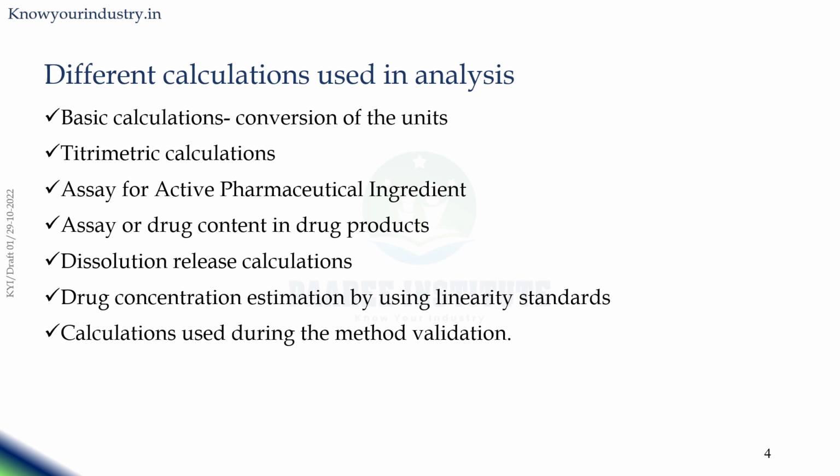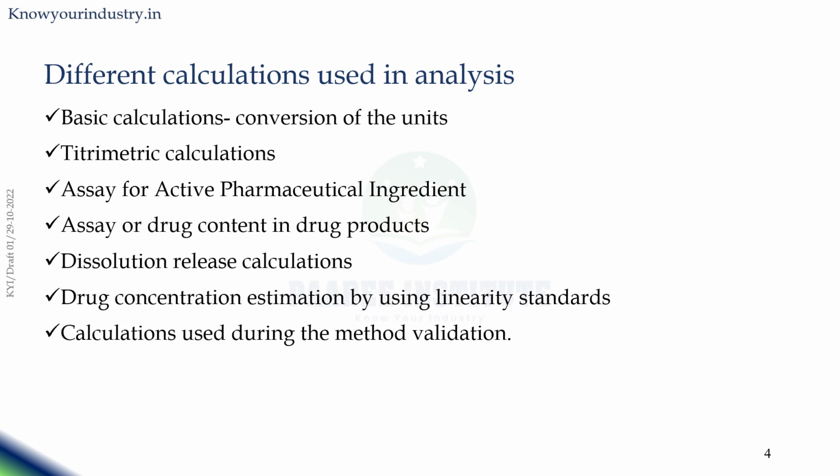What are the different kinds of calculations? In summary, in pharmaceutical analysis there are some basic calculations we need to do for the preparation of standards, preparation of solutions, etc. We need to convert units, so we need to understand different units and unit conversion, which we are going to see. Then titration calculations are required.